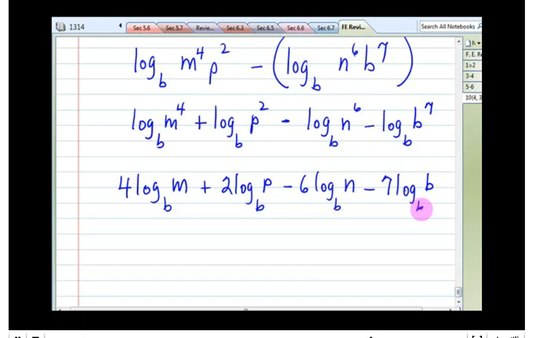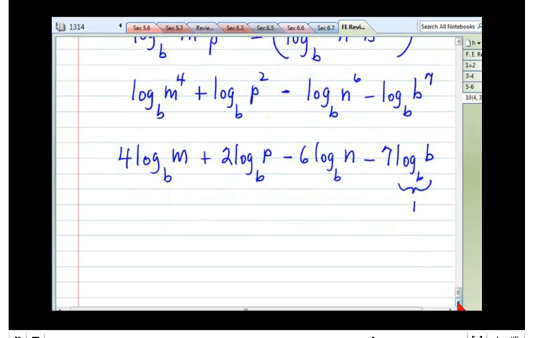This one, b to what power gives you b? 1. b to the 1 power gives you b, so that's equal to 1, and 7 times 1 is 7. So you'd have all of that minus 7. I'm not rewriting all that, but you'd have all of this minus 7.